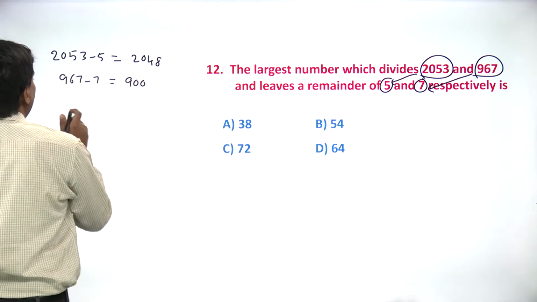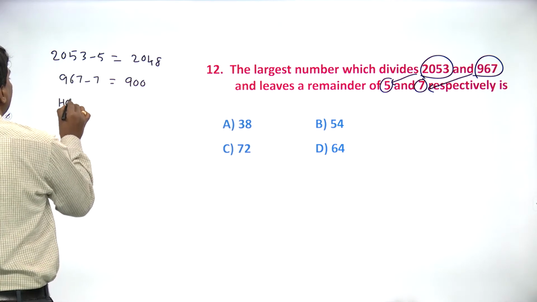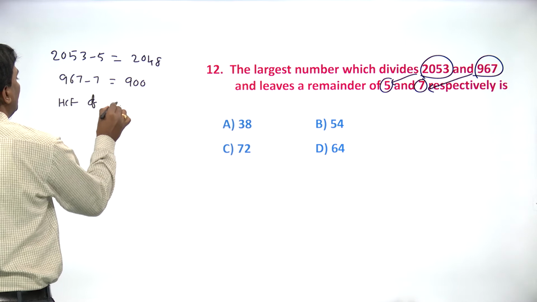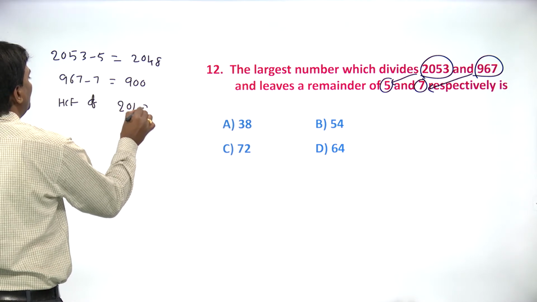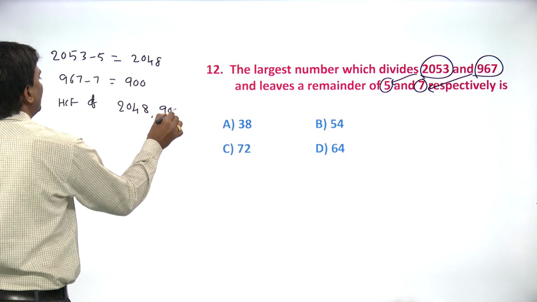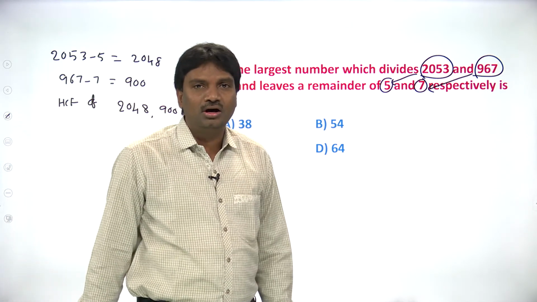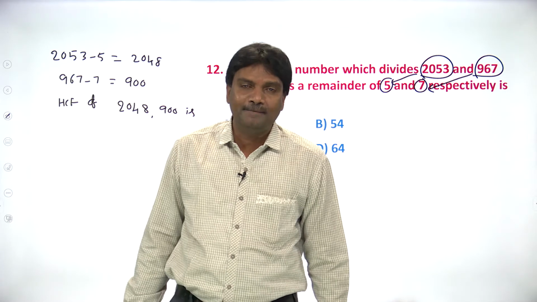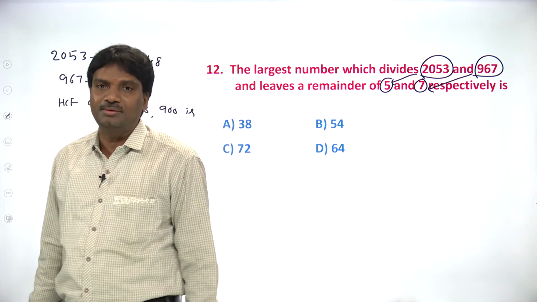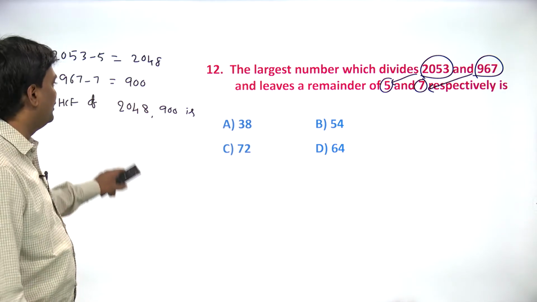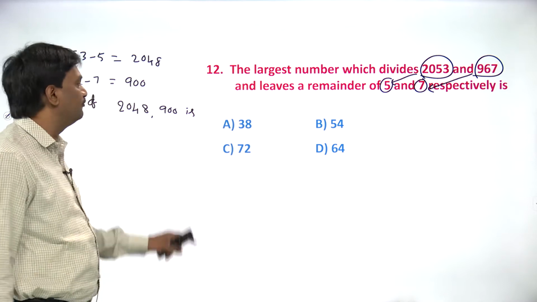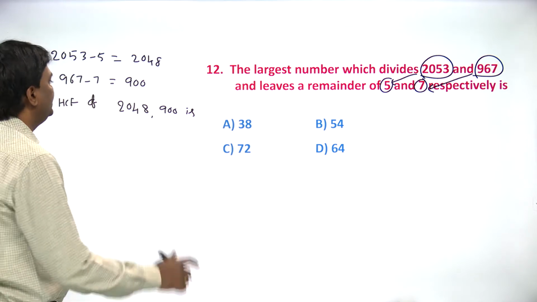Now, HCF of 2048, 900. To find the GCD or HCF of two or more numbers, we have to divide the greatest number by the smallest number, where the greatest number is 2048 and the smallest number is 900.